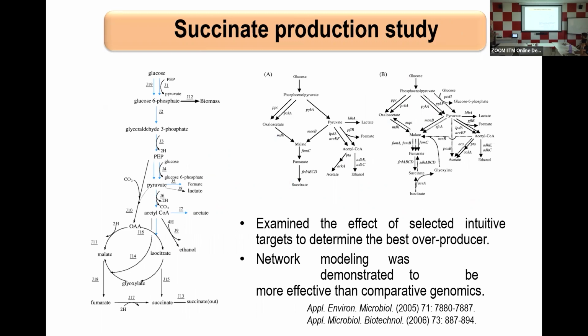So you can either examine the effect of including targets on the map and say, I make a knockout here, chances are that the flux in this direction will move to the other, or you can model in a rigorous way what will be the effect of the mutation without having to depend on your intuition.